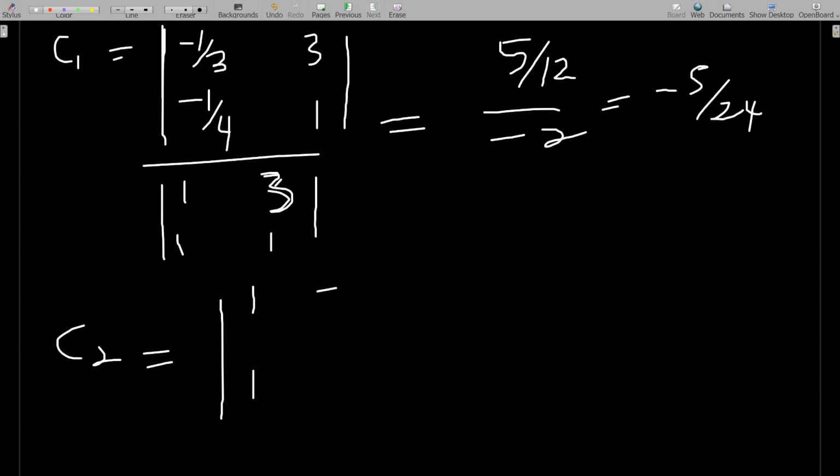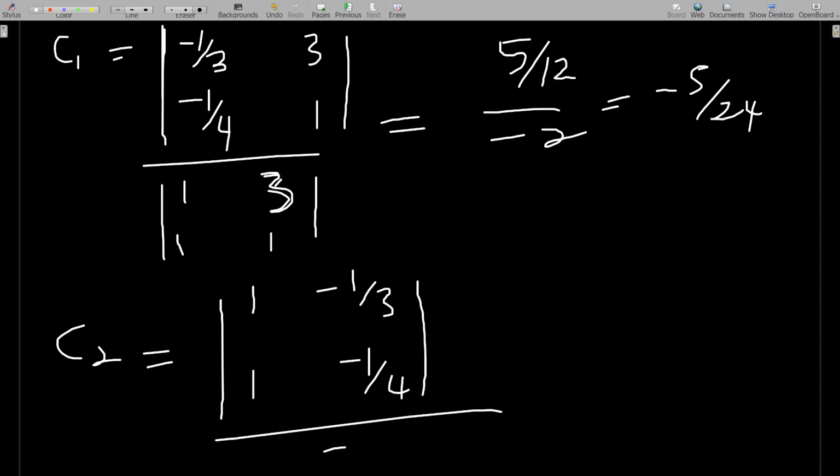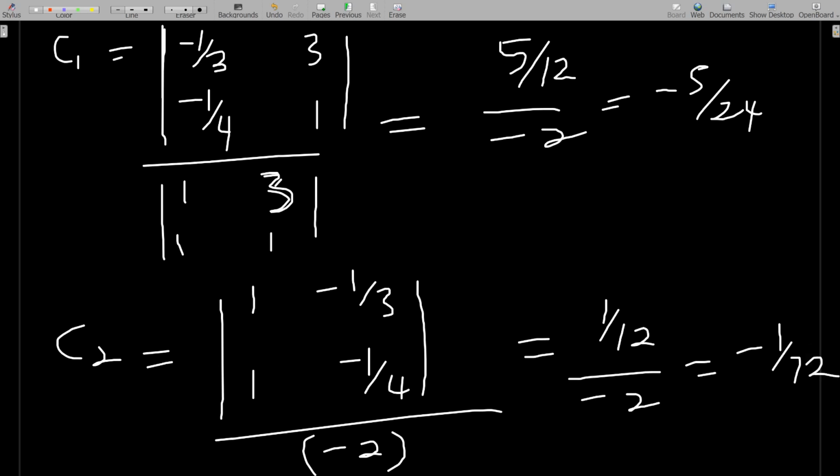Now you place 1/3 here, 1/4 here, over determinant of the whole matrix, and that is -2. Okay, and this will give me 1/12 over -2, and this is equal to -1/12. So these are my C values, my C1 and C2.